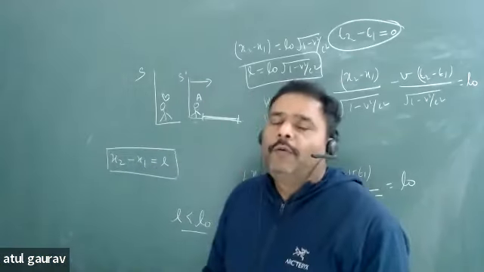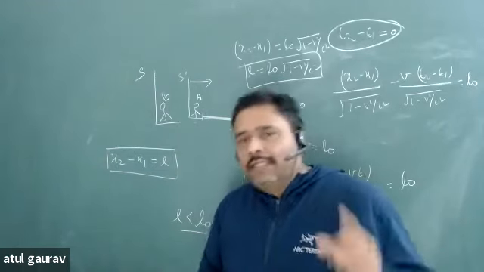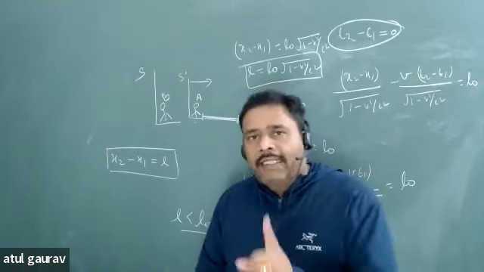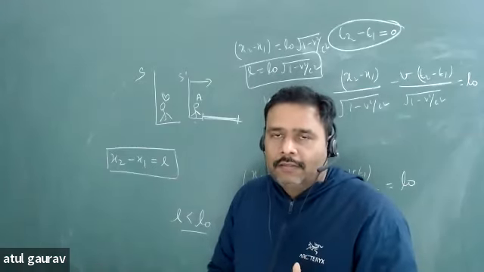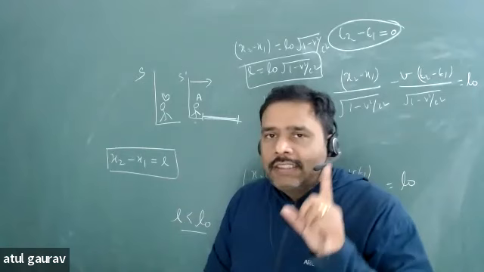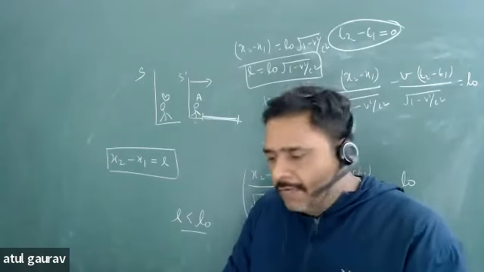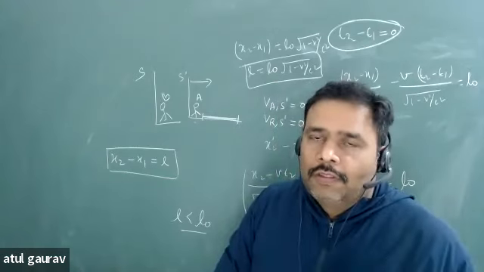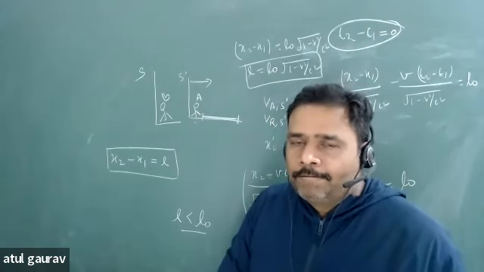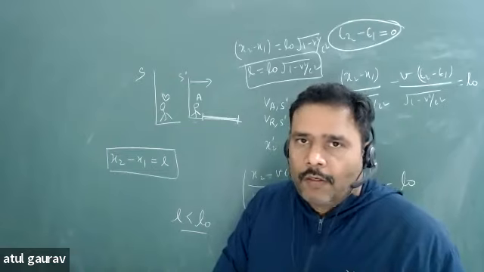And the most important point is that proper length is uniquely measured. There is a unique frame from where you can measure the proper length. And what is that unique frame? The frame in which the rod is at rest with respect to you. Are you getting my point or not? Yes, sir. Okay.